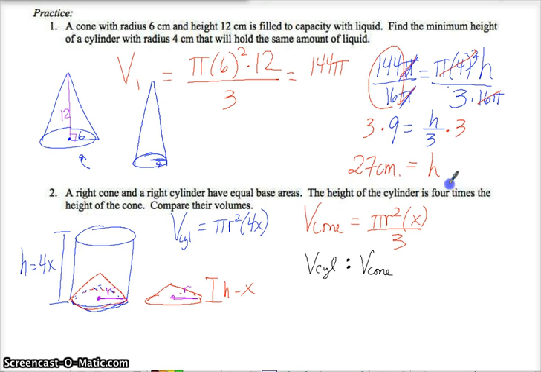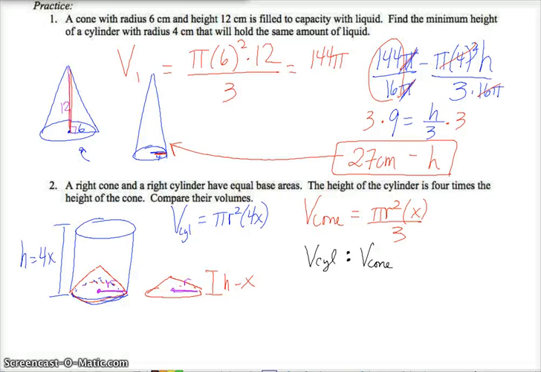So what would the height of the new cylinder, or sorry, the new cone have to be? It would have to be 27 centimeters. Obviously going to have to be taller than the original because we shortened our base radius, which means if we're putting in the same volume, it's going to have to be a taller cone.